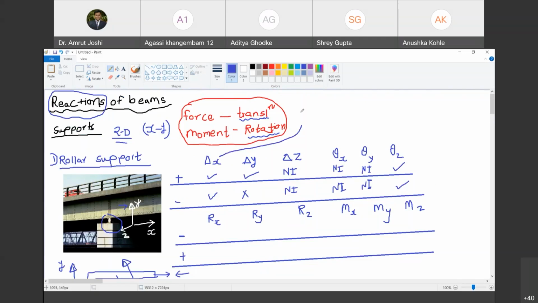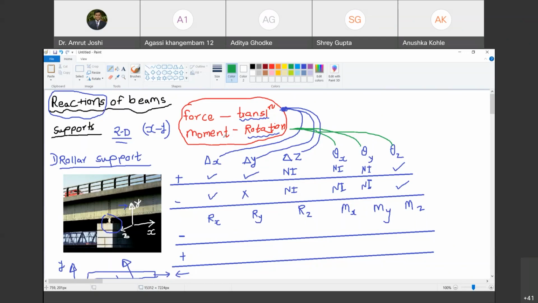So delta x, delta y, and delta z are translations. So they will correspond to force reactions in x, y, z direction. Are you with me? Yes, sir. Whereas theta x, theta y, and theta z are rotations. So they will correspond to moment reactions about x, y, z axis.